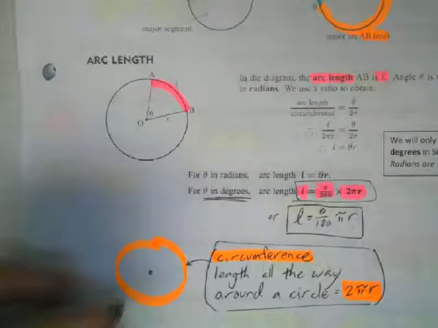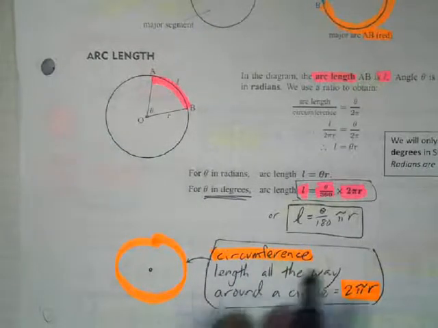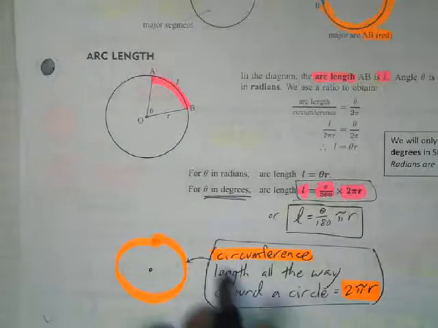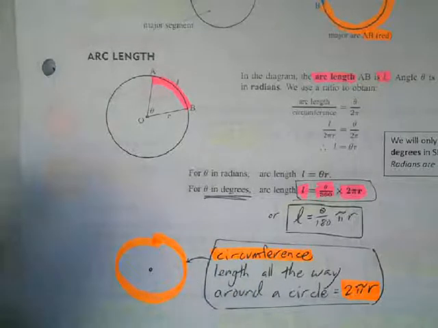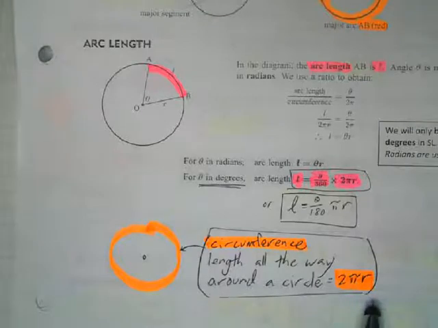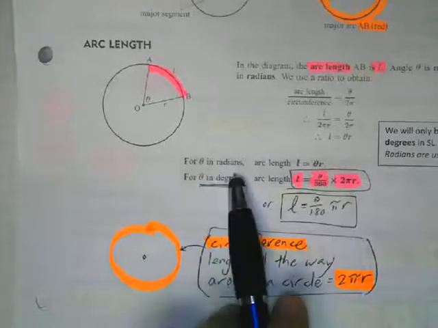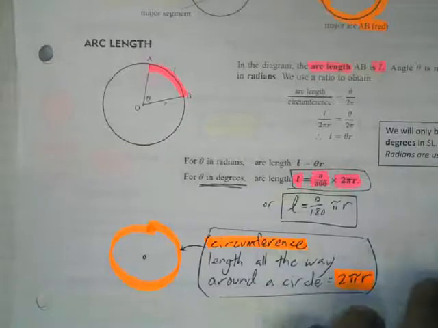All the way around the circle is called the circumference, which you may want to write down, as it is not on your handout. You should have learned it back in geometry. This length around the circle is 2 pi r. This formula here you'll be discovering on the next page. We won't be using radians, which are used for HL.